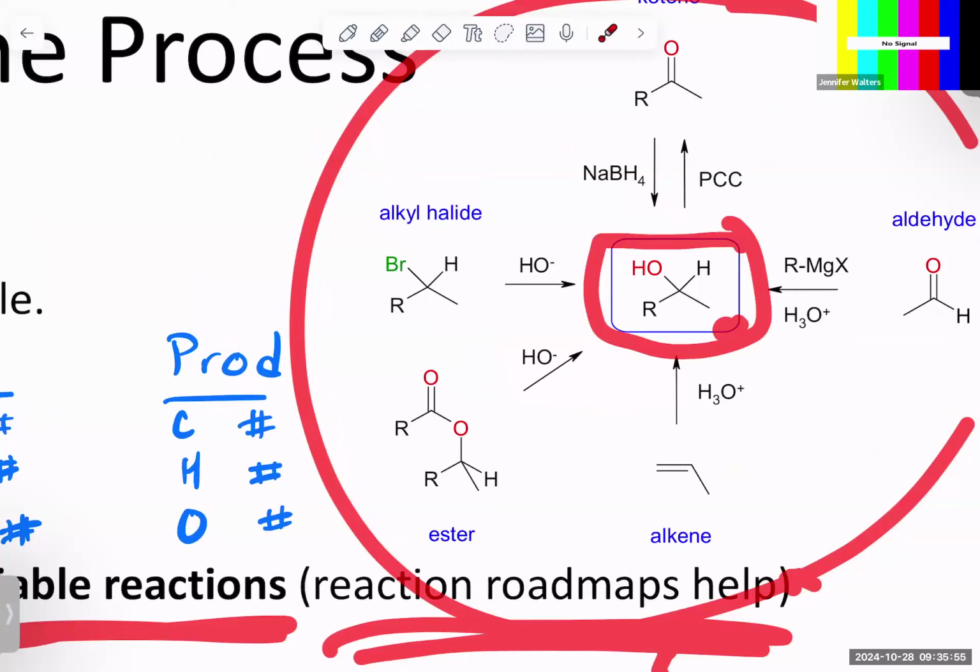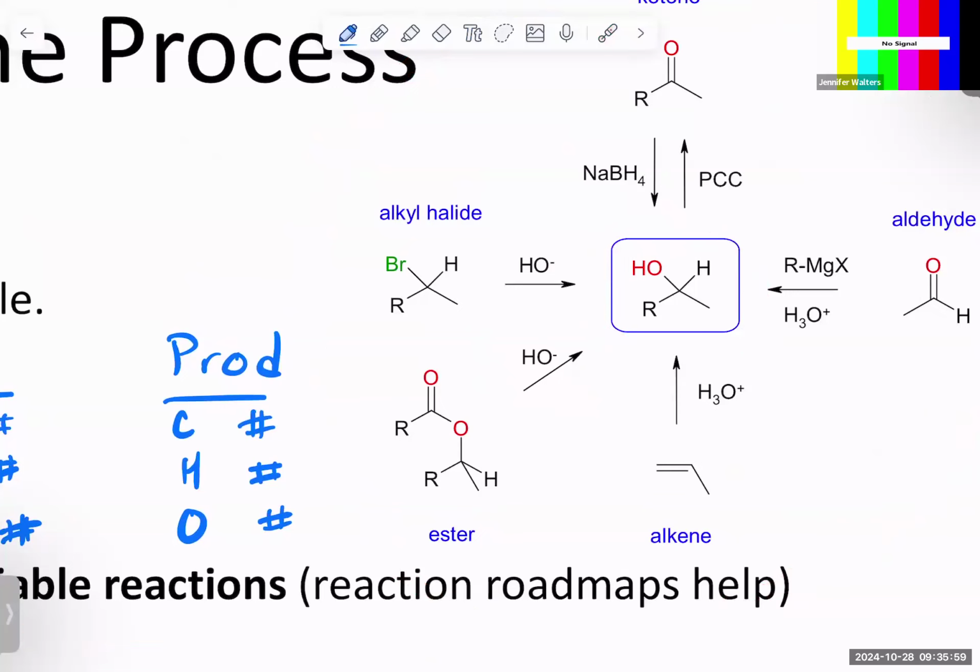All right, well, I know how to make an alcohol by doing my ester hydrolysis, right? I know how to make an alcohol from my substitution reactions. So from doing SN2 or SN1.